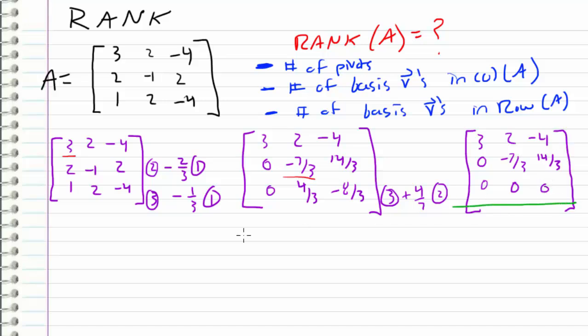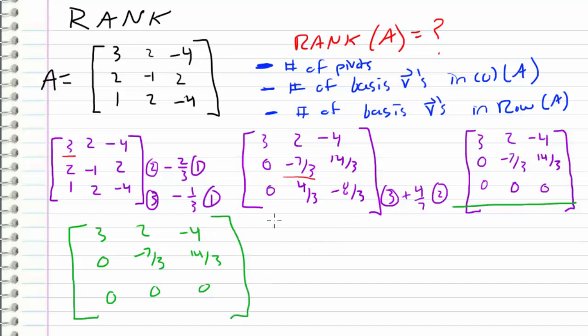So this matrix is the row echelon form of A, and I'm going to rewrite this 3, 2, negative 4, 0, negative 7/3, 14/3, and 0, 0, 0. So this is the matrix that we can use to find the rank of A.